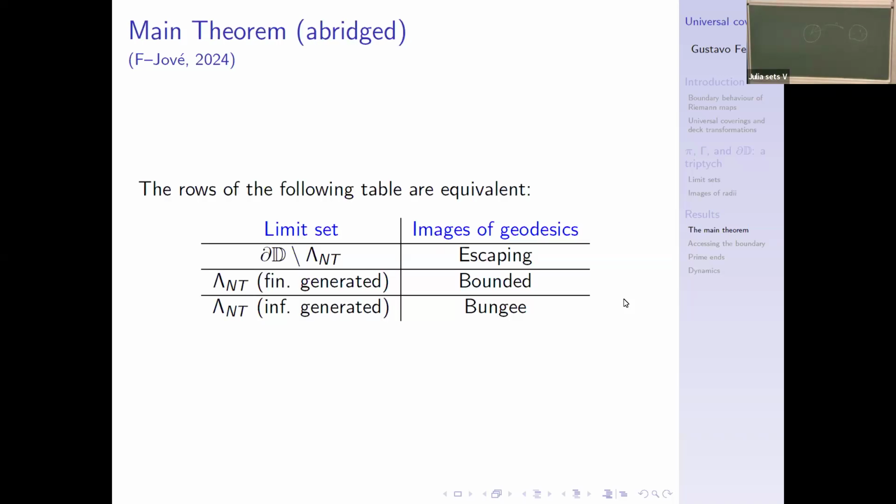Then, to find these two guys, we have to take the non-tangential limit set and break it apart into the points that belong to finitely generated subgroups of the non-tangential limit set, and the ones that do not belong to any finitely generated subgroup. And the first one is going to be the points of bounded type, and the second one is going to be the points of bungee type.